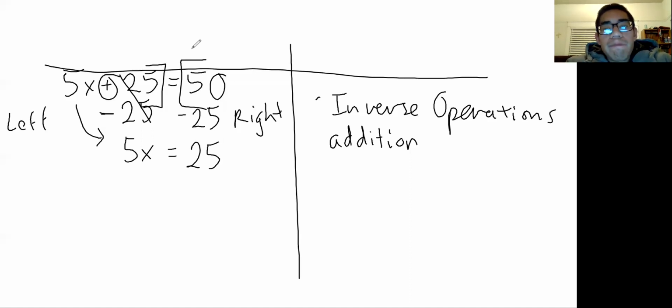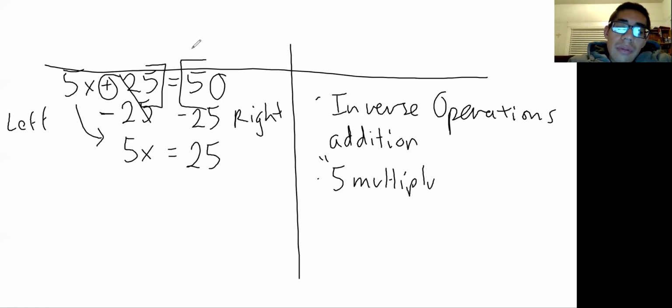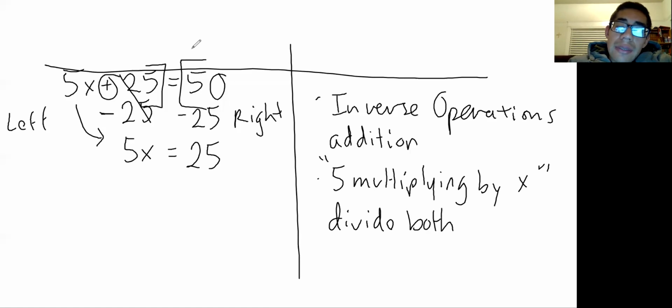In this case here, we have 5x equals 25. Am I done? No. Here we need to recognize that 5 is multiplying by x. So in order to do the opposite, we need to divide both sides by 5.